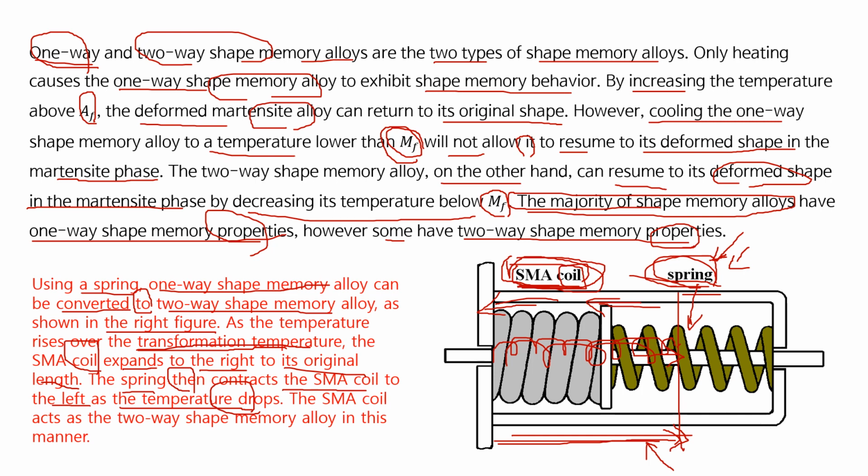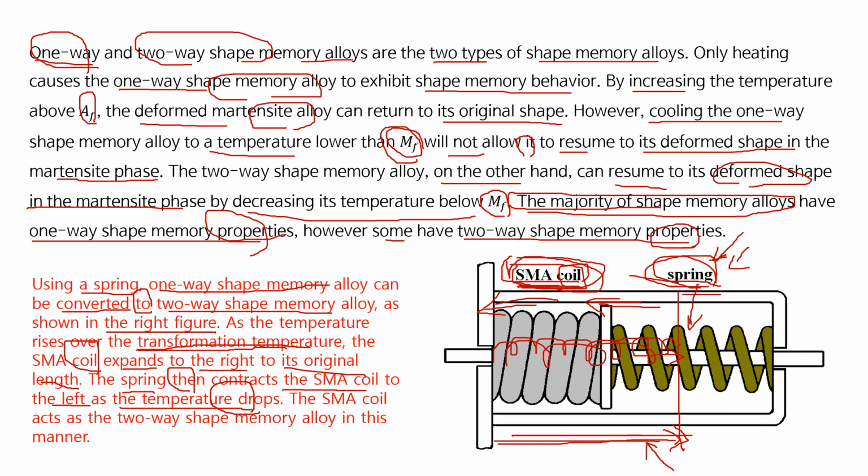So the spring moves this shape memory alloy to the deformed state, and we heat up this shape memory alloy again. Then this shape memory coil moves back to the original length, so it will expand to the right. But if we decrease the temperature below the martensite finish temperature, then the spring forces the shape memory coil to deform again.